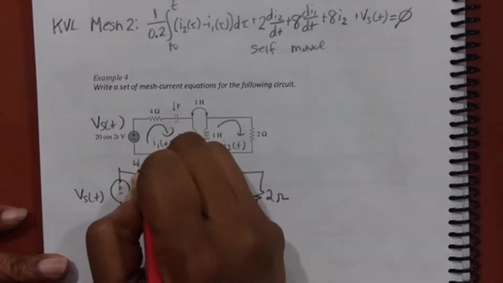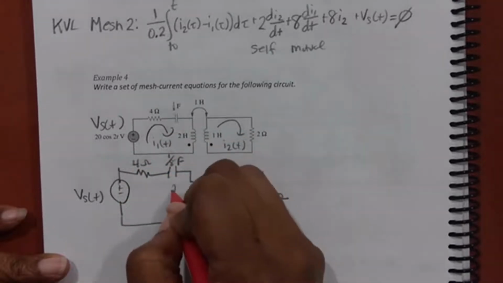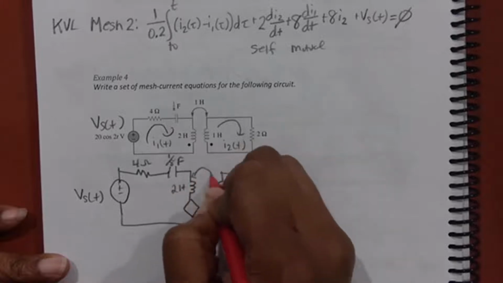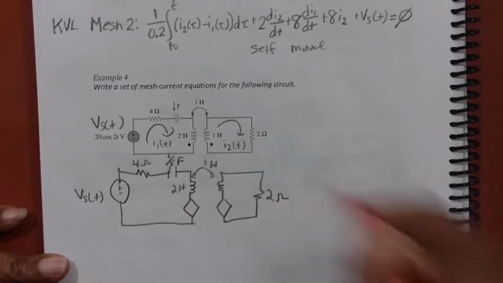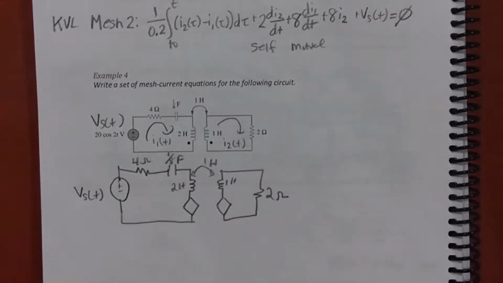And so here is 4 ohms, 1 over 8 farads, 2 Henry. There's the 1 Henry mutual inductance, 1 Henry here, right? So it's the same circuit. I just put dependent sources in series with the inductors, and I put the voltages on those to help you to remember. That's the difference between the one I just did and this one, right?